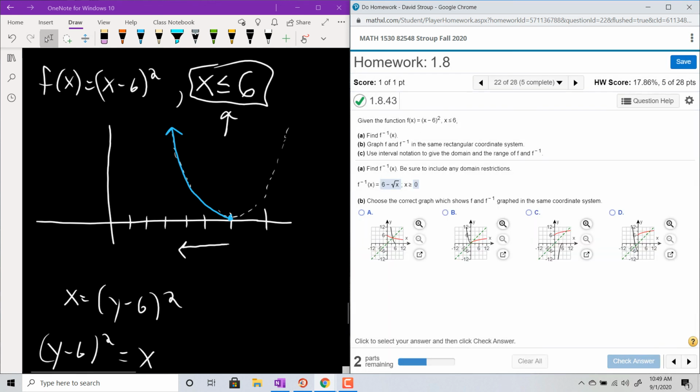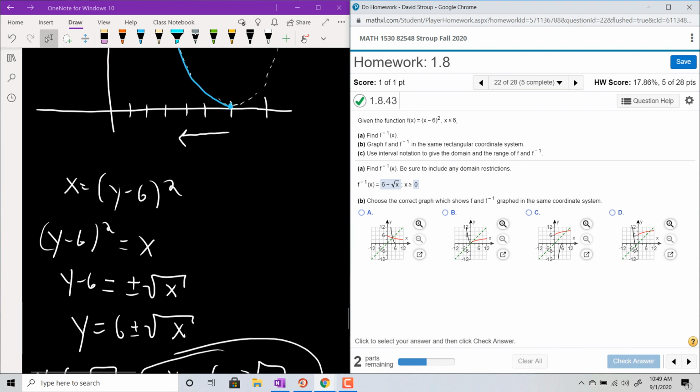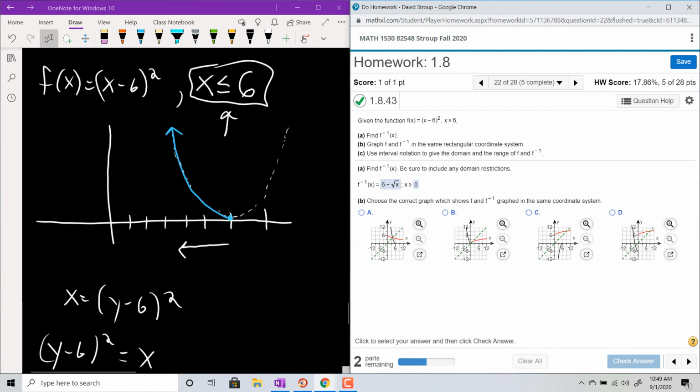So graph the two in the plane. So if you want to, you can get some coordinates and then flip the coordinates, right? So we have 6, 0, and then we have 5, 1.